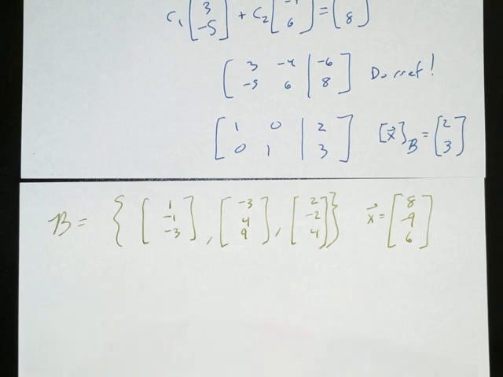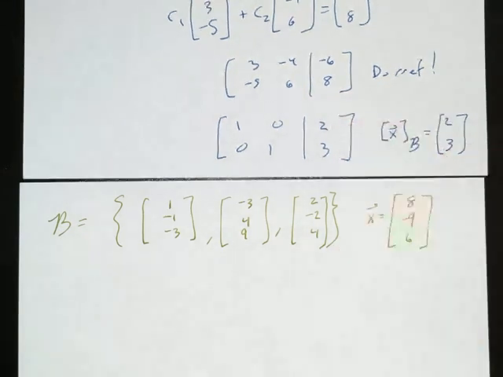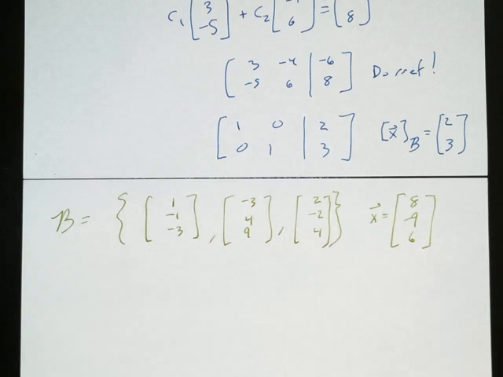Well, again, if I want to know what the coordinates are for this, rather than think of it this way, I'm asking you how you can make this vector from these. Isn't that a column space question? I want to know if you can write this vector out of these 3 columns.